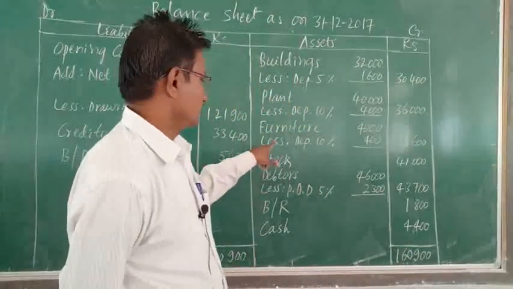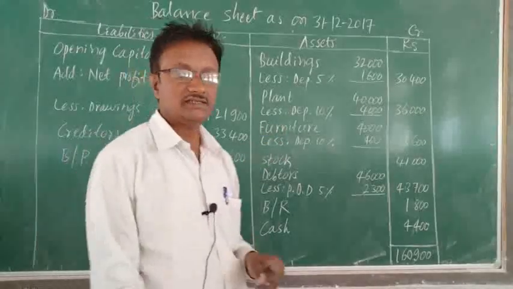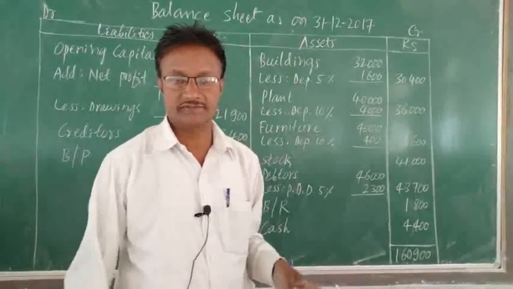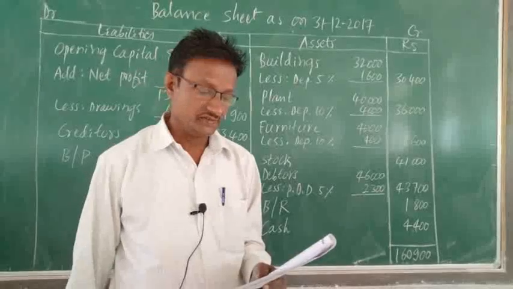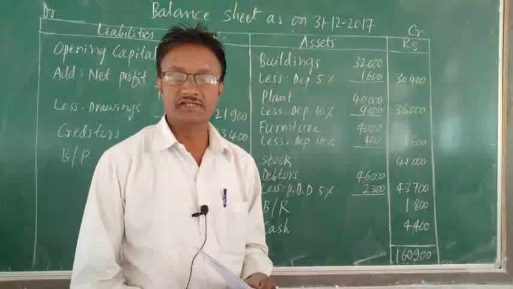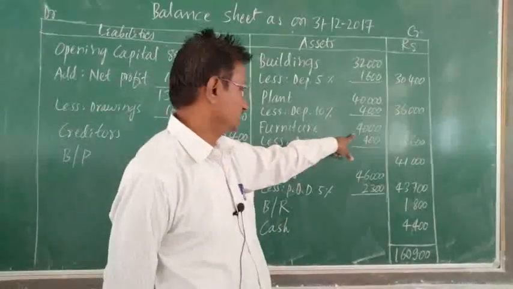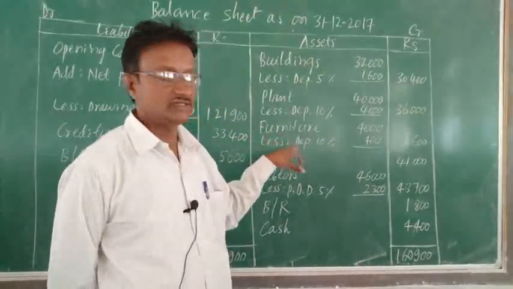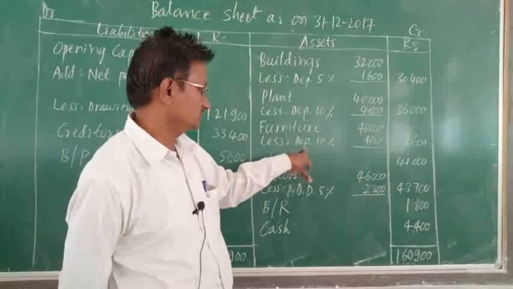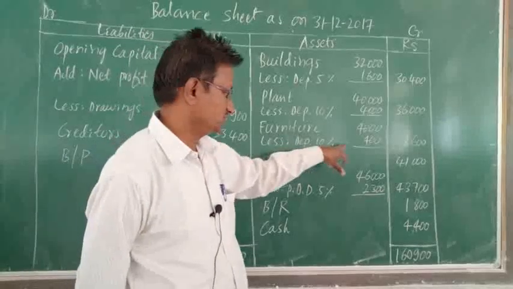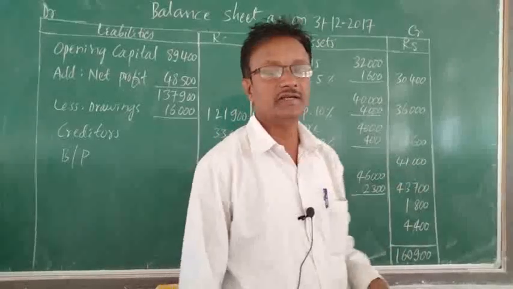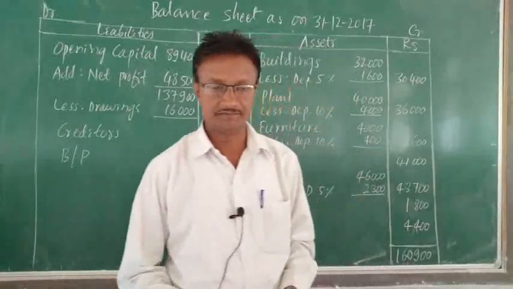Next fixed asset is furniture, which in the opening statement of affairs is 4,000. A 10% depreciation has to be provided on furniture. So less depreciation 10% is 400. The remaining value is 3,600.